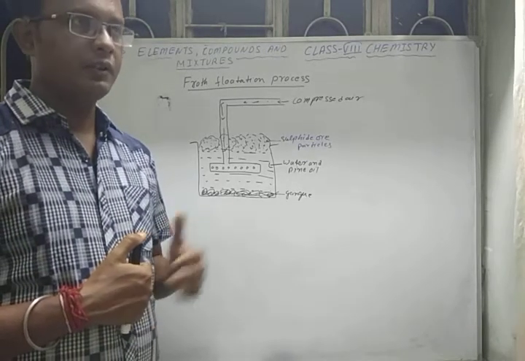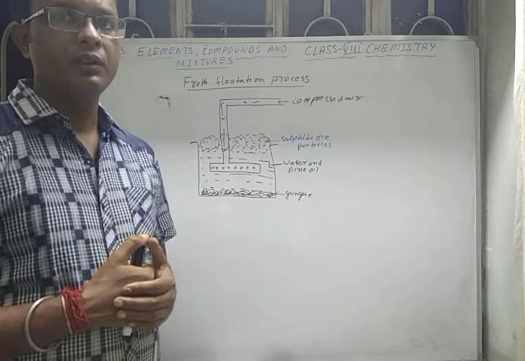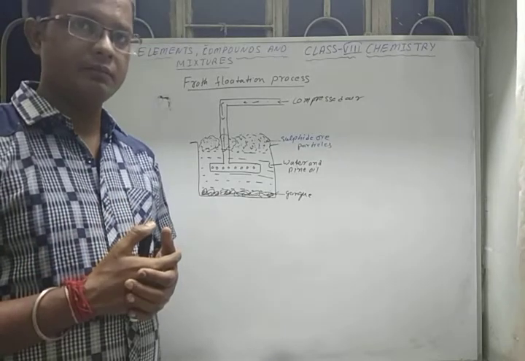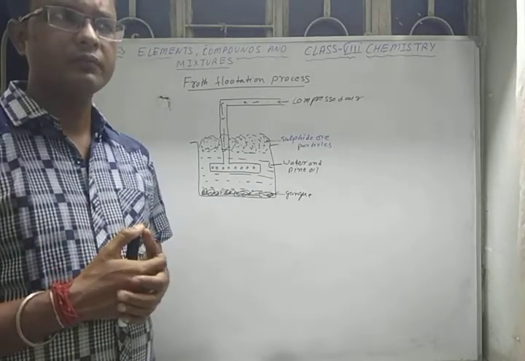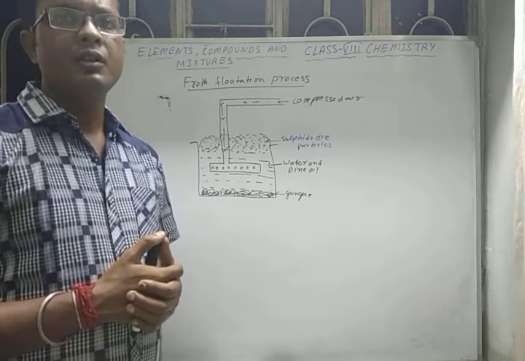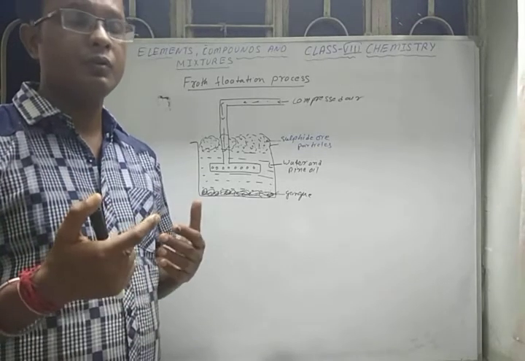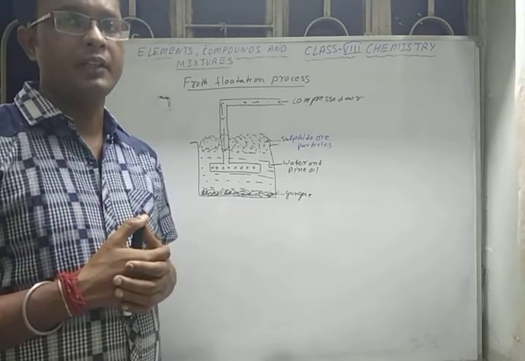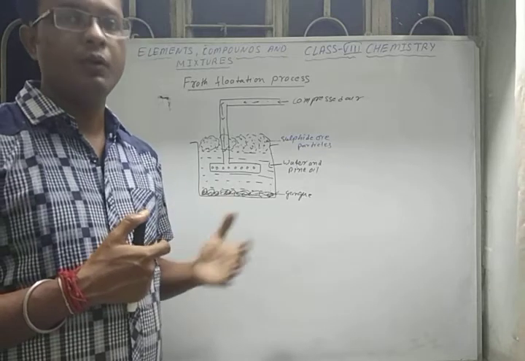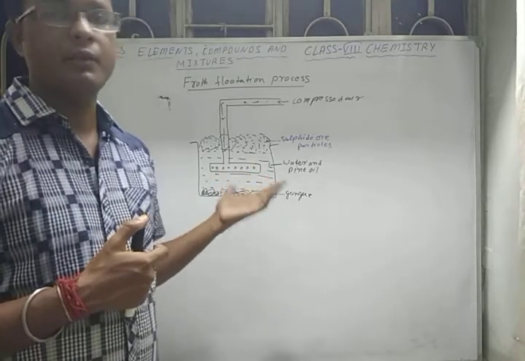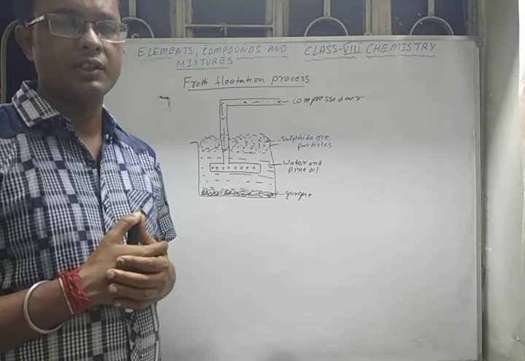Okay, so ores are also mixtures. Ores contain some metals in them, some impurities in them. To obtain pure metals from the ore, we can use this process that is called the froth flotation process.